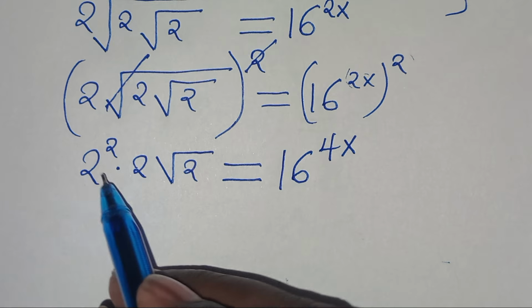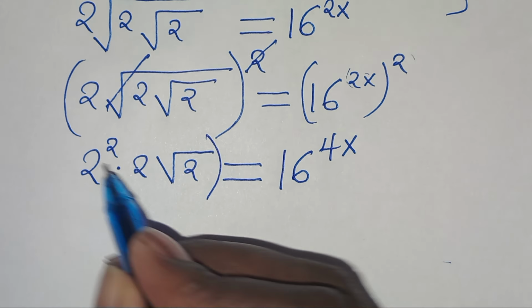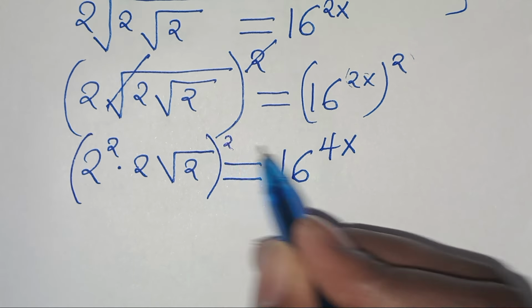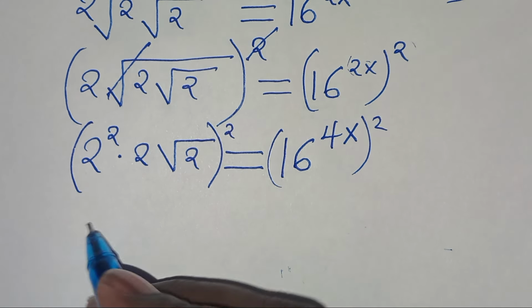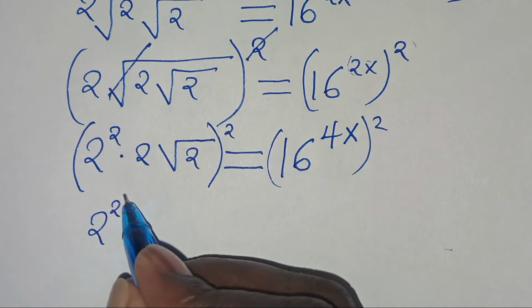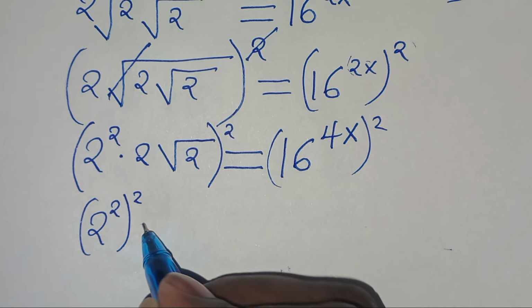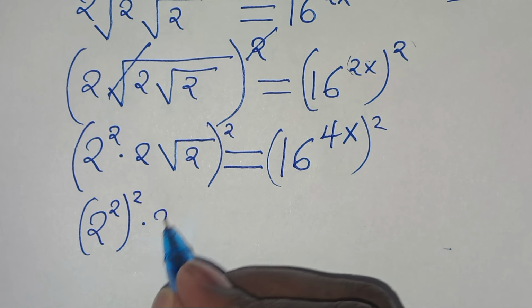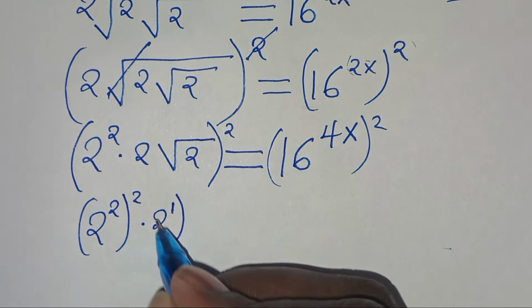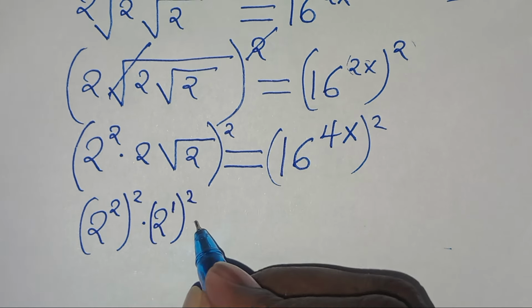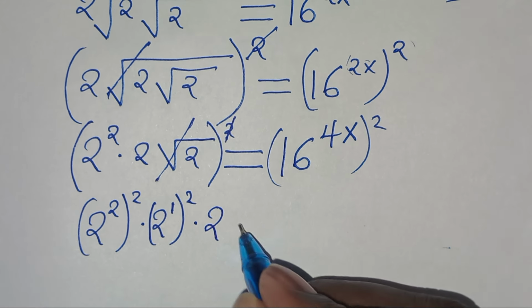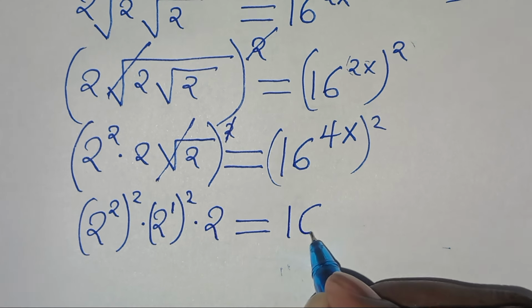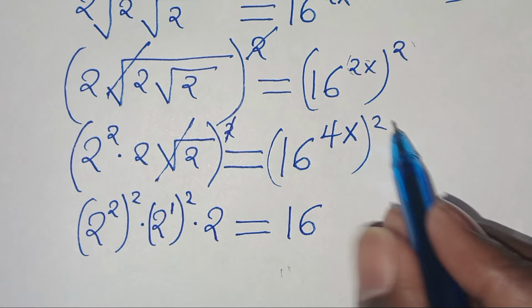The next step here, again let's square on both sides, so that now this is 2 to the power of 2 raised to the power of 2 times, this is 2 raised to the power of 1, then raised to the power of 2. Then here we eliminate the third square root sign, so this is times 2, and this is equal to 16 raised to the power of 4x times 2.